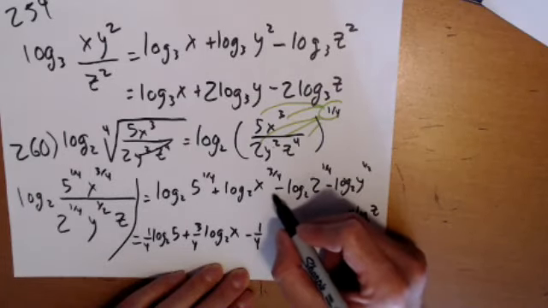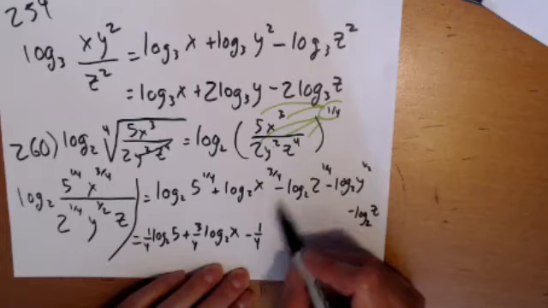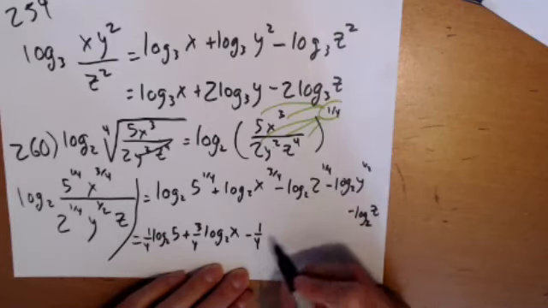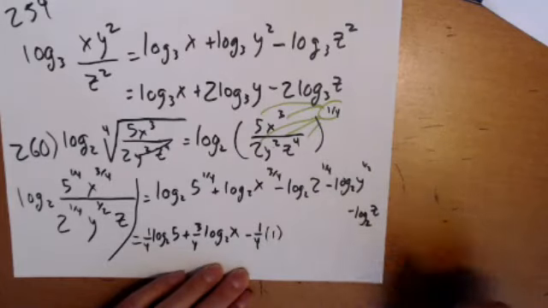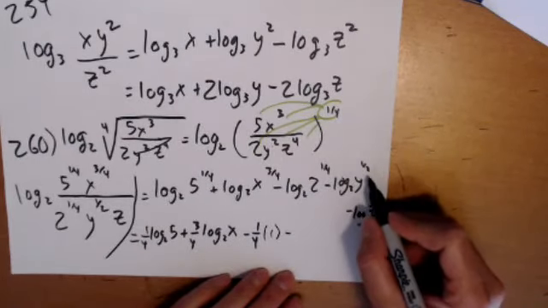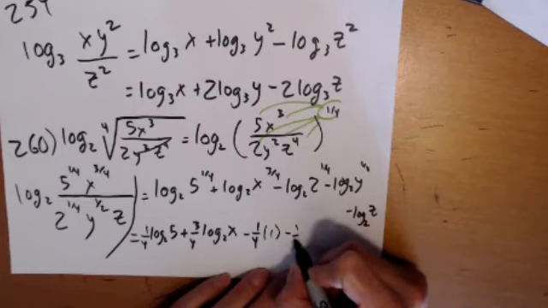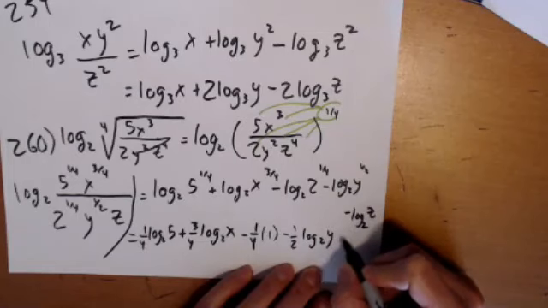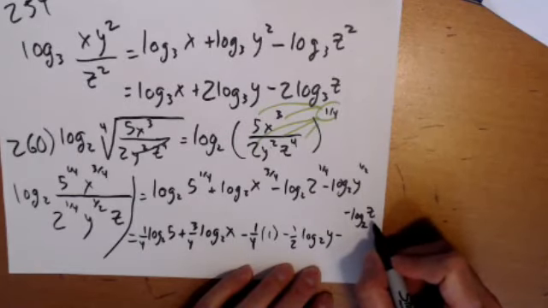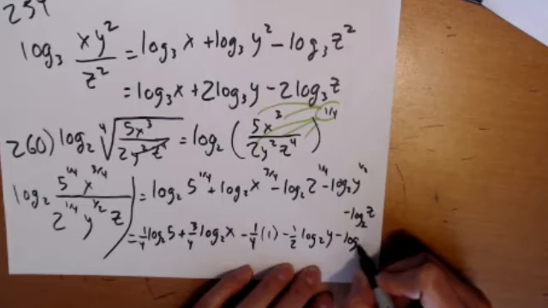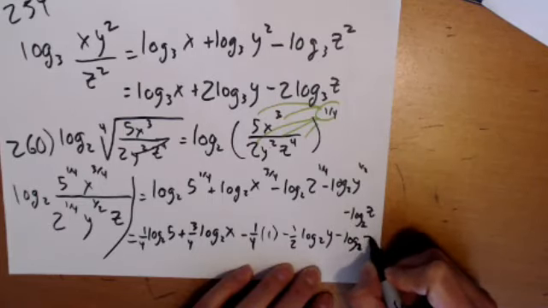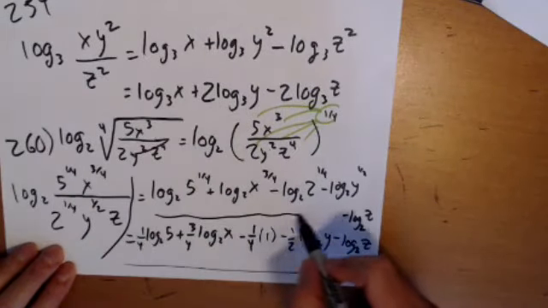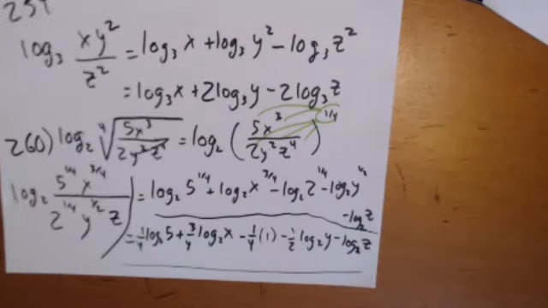You can put a 1 here if you want. Minus, the 1/2 comes out in front, log base 2 of y, minus log base 2 of z. Ta-da! No problem. So that was 10.4.